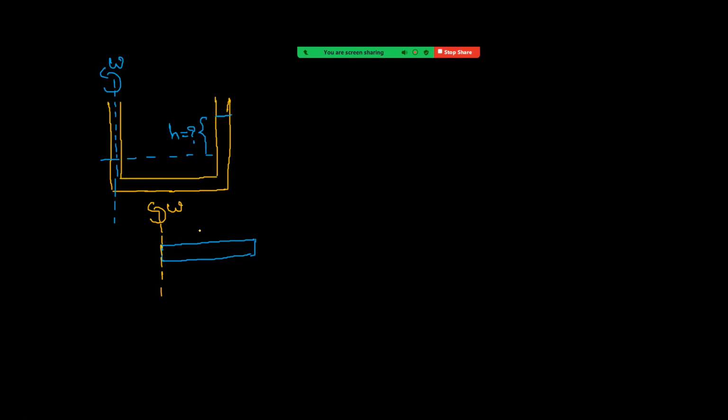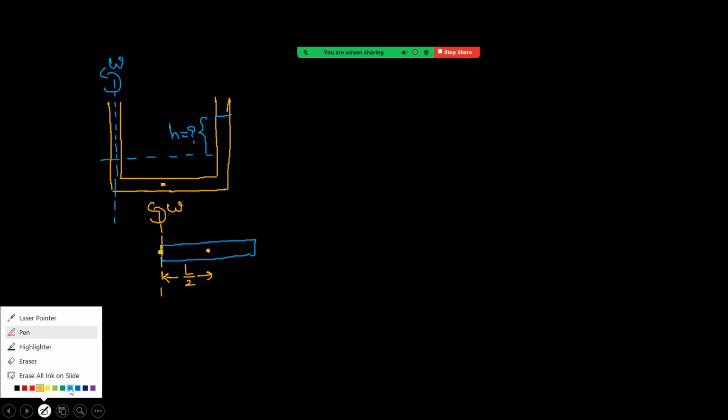Now we have to focus: the center of this liquid column is now following circular motion. See carefully. The center of this liquid column follows a circular path of radius L by 2. Okay. Now we have to find who is providing the centripetal force. You can see this is following a circular path and this will be the center of that circle, right?